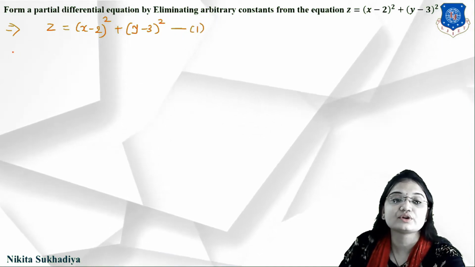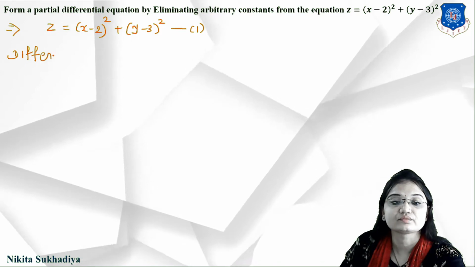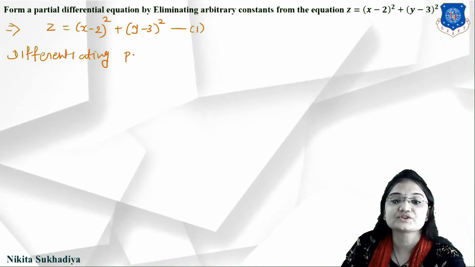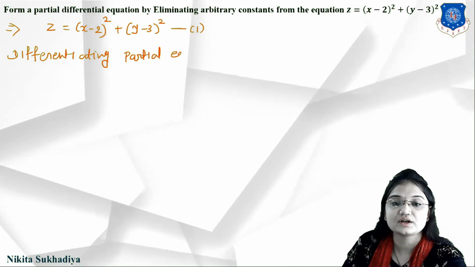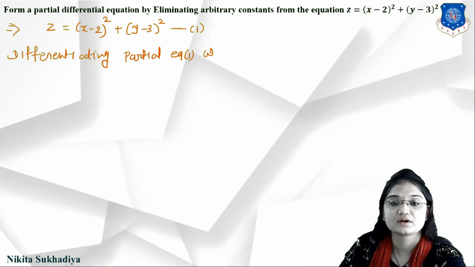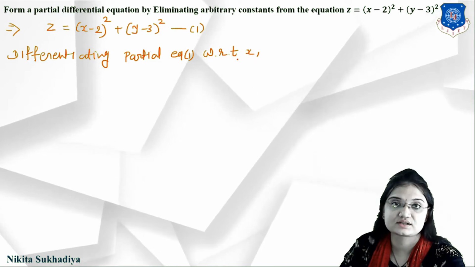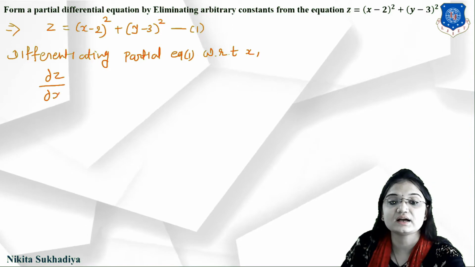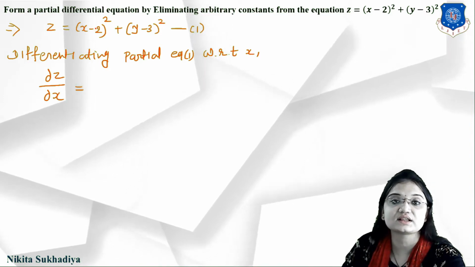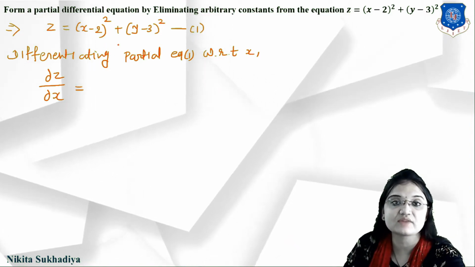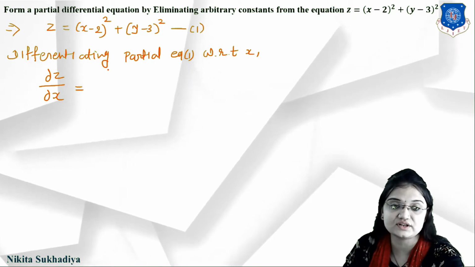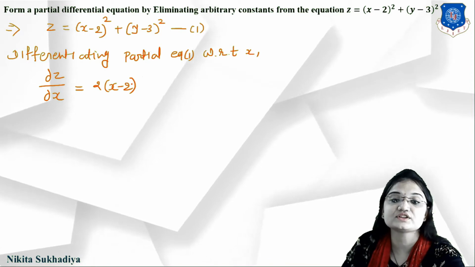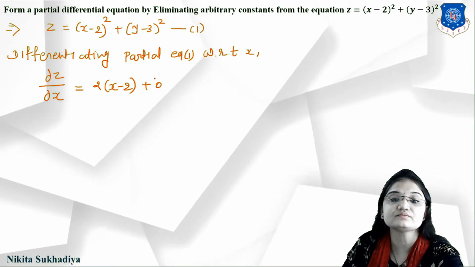Okay, now differentiating partially equation number 1 with respect to x. So we will get del z by del x is equal to, using the rule x raised to n gives n x raised to n minus 1, 2 into (x minus 2), and the derivative of the y term with respect to x will become 0.